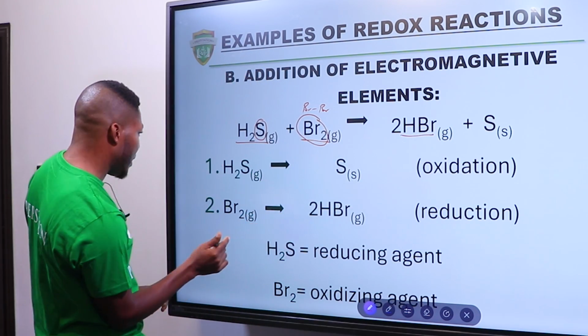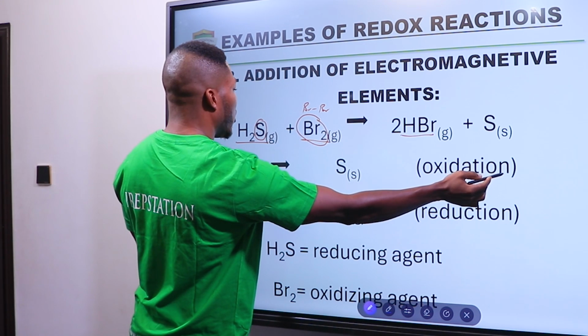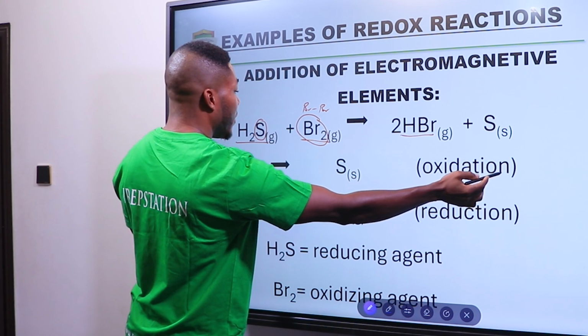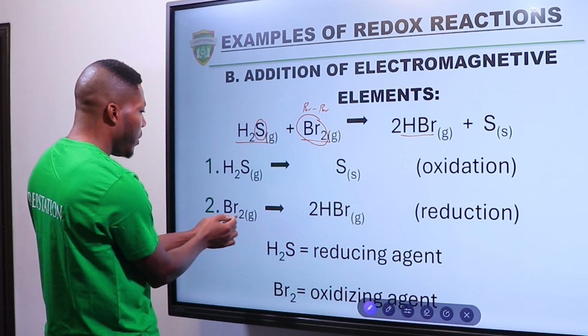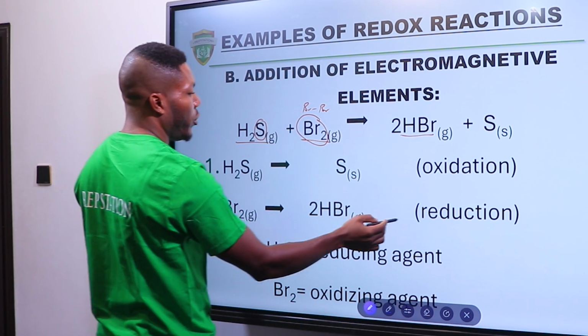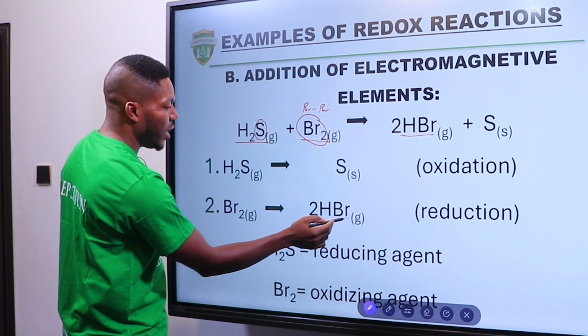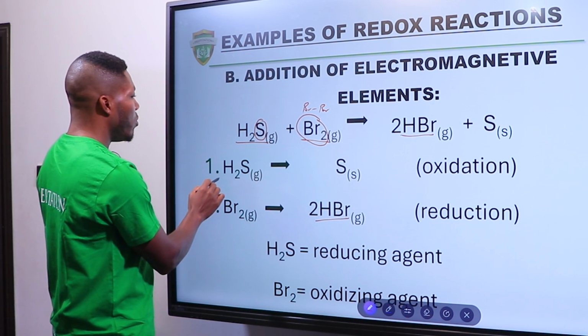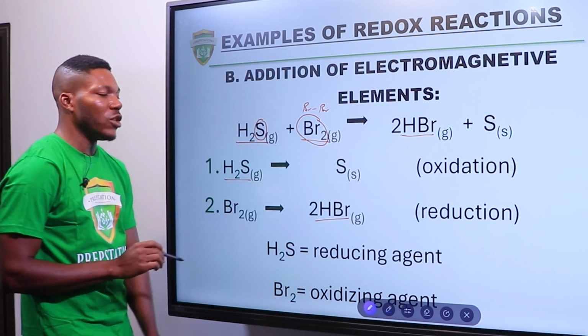From this point to this point is called the oxidation process, don't forget. Then from bromine to HBr is called the reduction process. Addition of a more electronegative element, then removal of a less electronegative element.